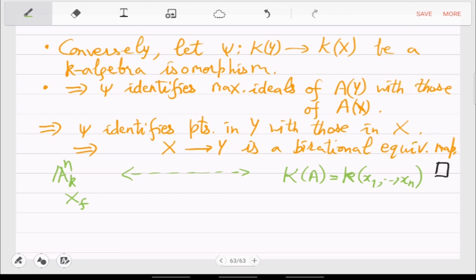It will actually map to fractions where in the denominator you are allowed to have anything except f. Right, so that was AXF, the localized. So this is a subset of all the fractions, right? But it's much bigger than AX. So we have gone beyond the polynomial ring.